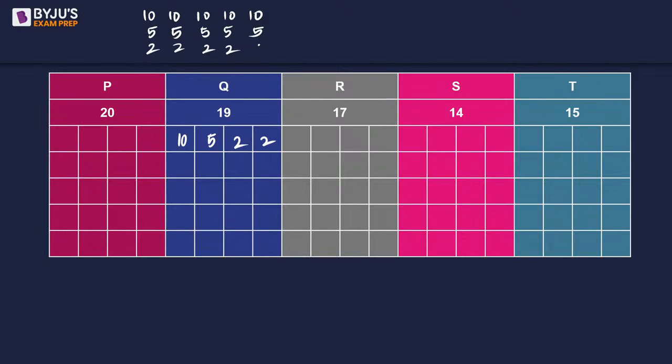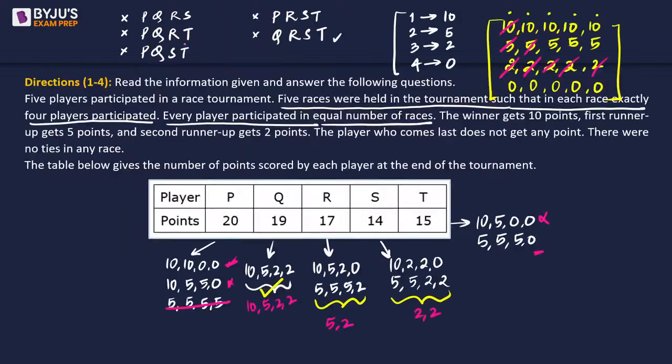For each of the races, these points are definitely awarded, isn't it? चलो, तो जो होते जाएगा we will strike it out. Since we have 10 5 2 2, so we will remove 10 5 2 and 2. ठीक है? अब अपन करते हैं P का.